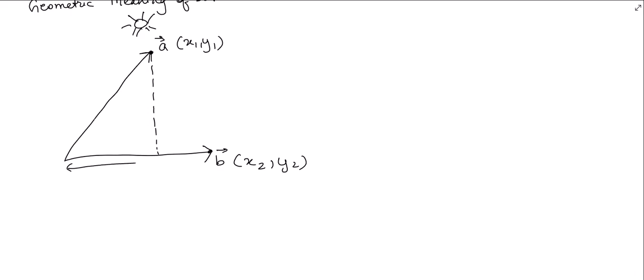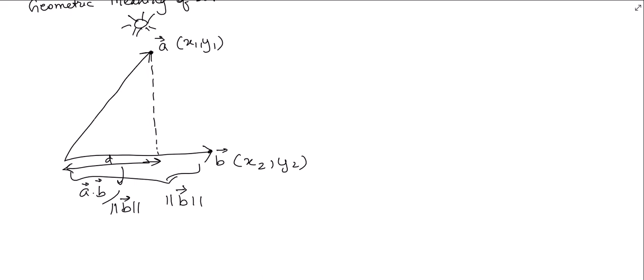Now, what will be the length of this? Since the whole length is the magnitude of B, to get this part of the length, we can say that A dot B divided by the magnitude of B. So this is a geometric interpretation, how you can think about it.